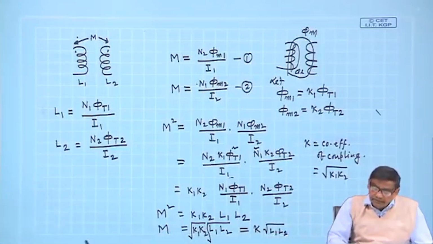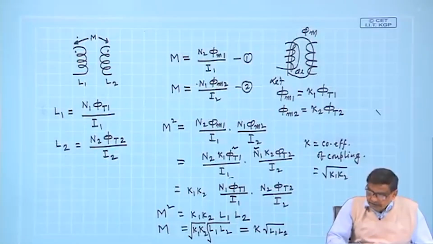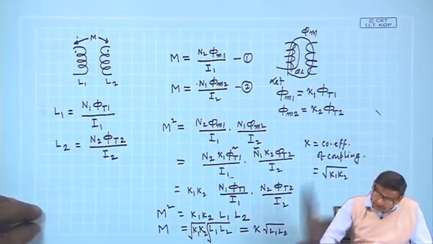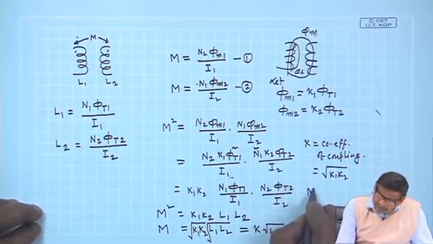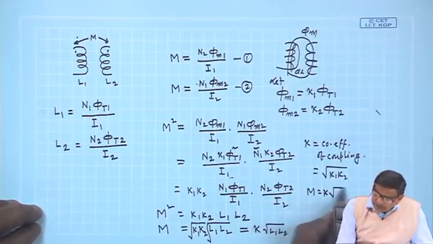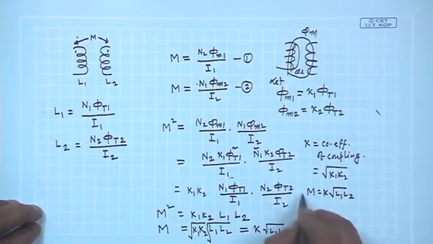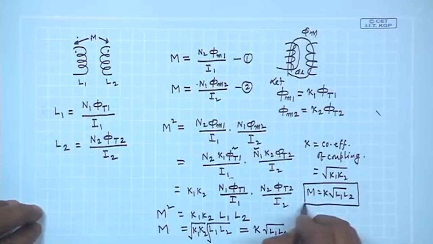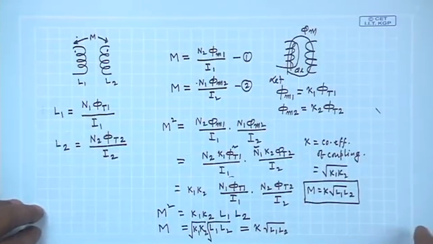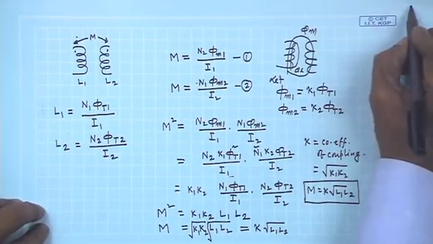If it is 0.5, that means 50% is mutual flux and 50% is leakage flux. Anyway, this is a relationship which one should know when talking about self and mutual inductances.